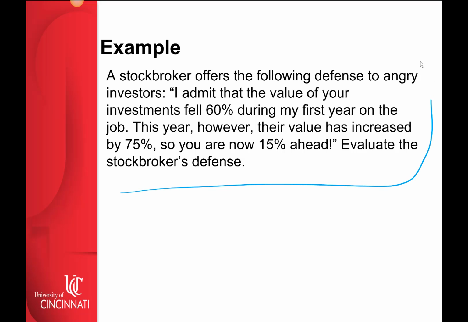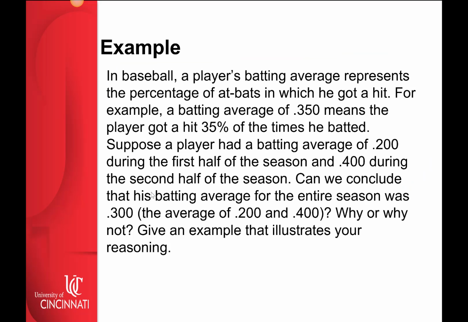So, this next example here is basically that same deal. Let's see, we got a couple of minutes. See if we can get this finished. Okay, one last thing to talk about. If you have several percentages, you cannot assume that you can add them together to do an average.